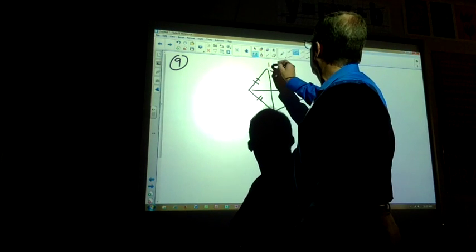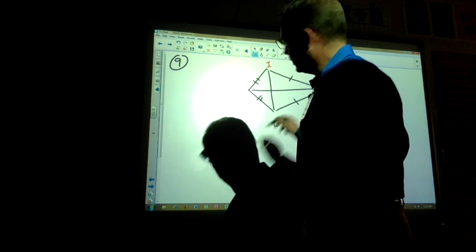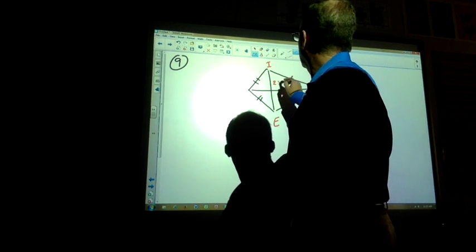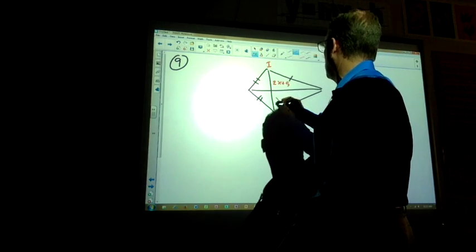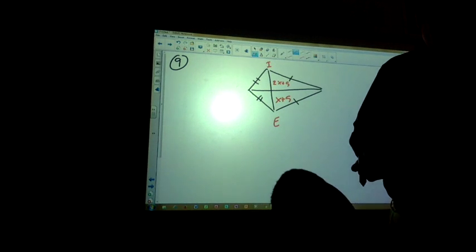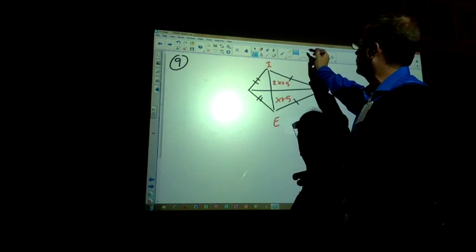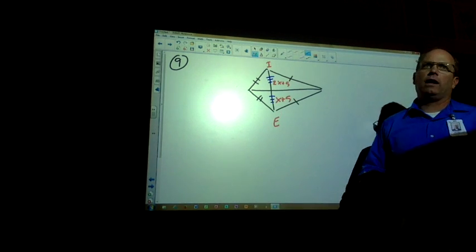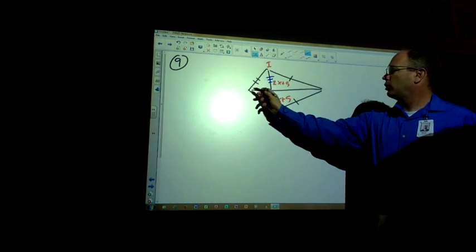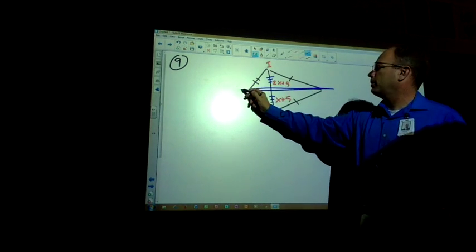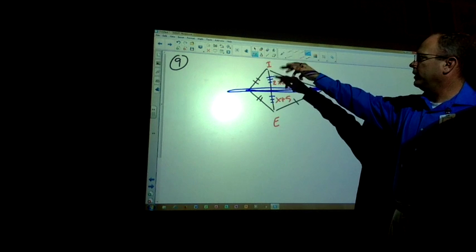So we want to find this length here, and we know that 2x plus 5 and x plus 8, right? By definition, we know that we have these congruent. So this side here and this side here have to be equal in length by definition, meaning this right here is actually the perpendicular bisector of this line.